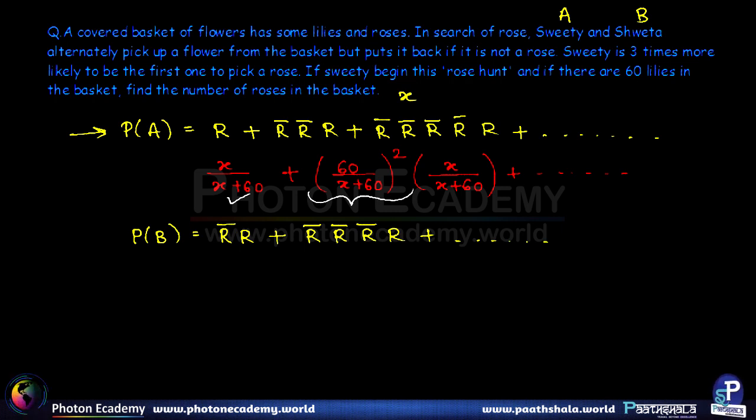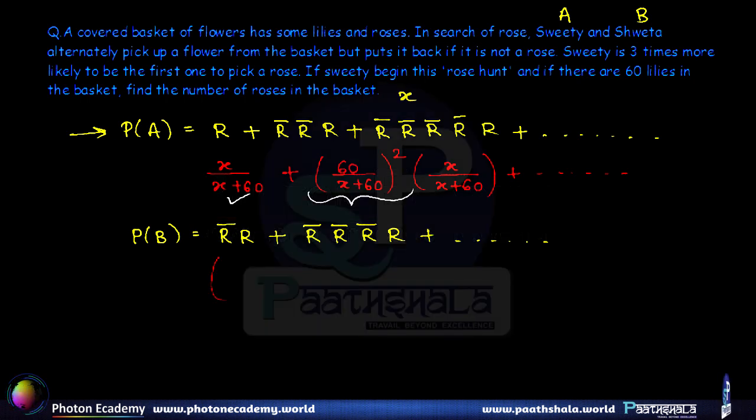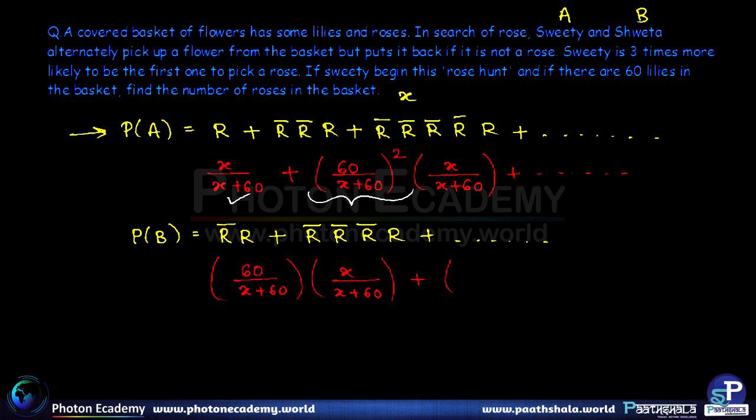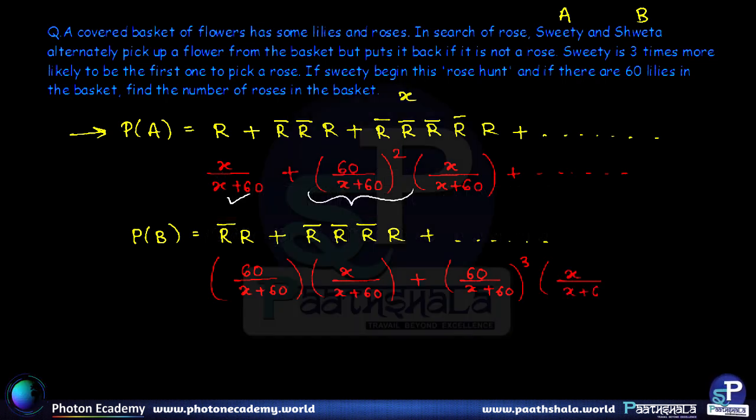So let's write the equation for this. We know that R dash is the probability of getting a lily, so that is 60 upon x plus 60, into R, the probability of getting a rose, that is x upon x plus 60, plus 3 times not a rose, so 60 upon x plus 60 cube, and 1 time a rose, x upon x plus 60.